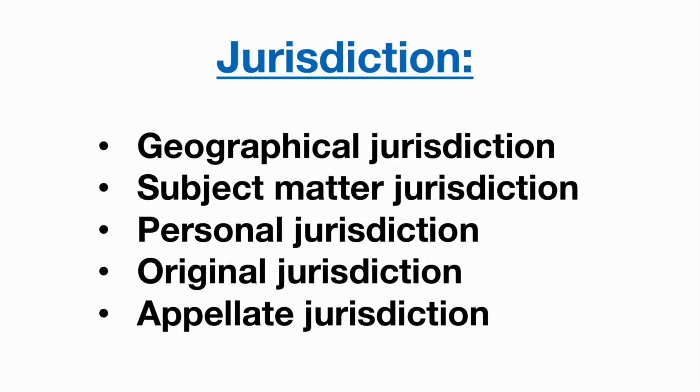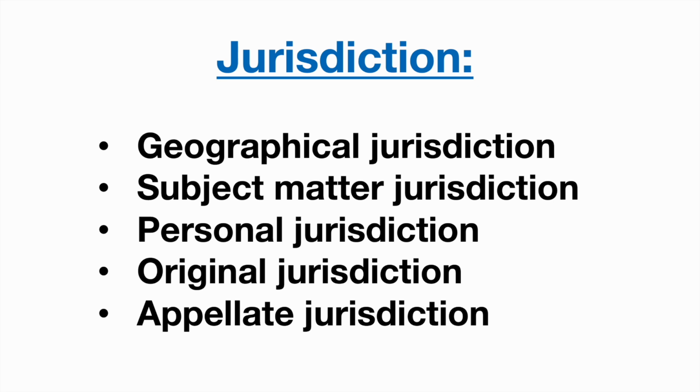In other words, if a crime happened in a particular county, the state court in that county would most likely have jurisdiction over the case because of geography. There's also subject matter jurisdiction. That means that they would have jurisdiction over what the case is about, in other words, the crime that was committed.